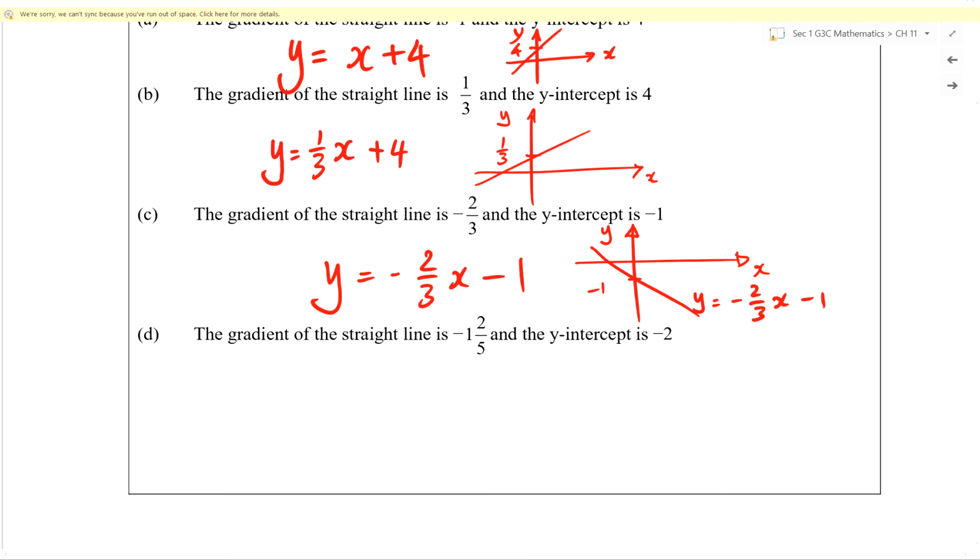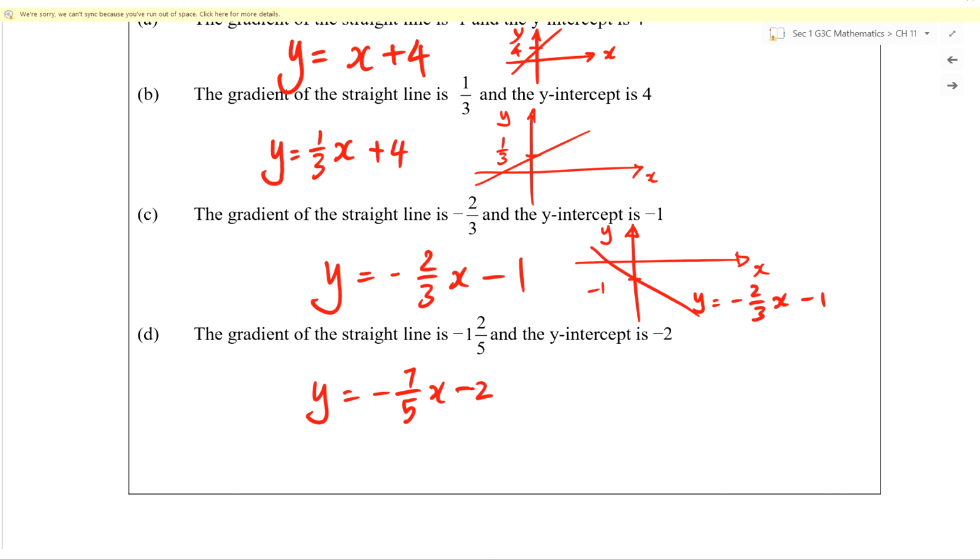Si Ting, can you help us with part D? 7 over 5 minus 2. So you notice that she changed negative 1 and 2/5 to become negative 7 over 5. Okay, so this is the correct presentation.